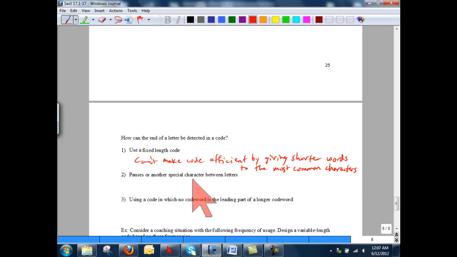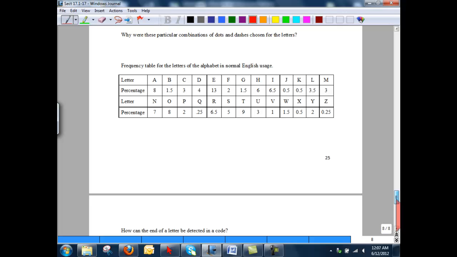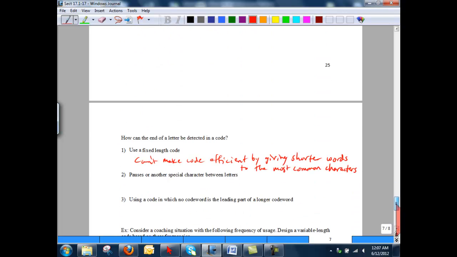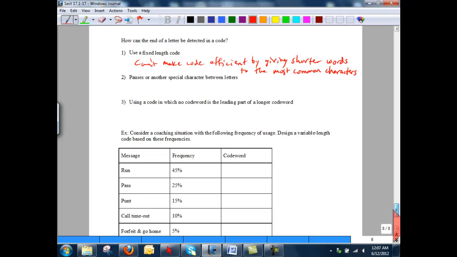Well, how about I put a pause between letters, or maybe some other special symbol? That's what Morse code operators did. They physically paused, and the operator at the other end could hear those pauses. It turns out that doesn't work for computers. If you're sending information over the internet, the communication comes in spurts.